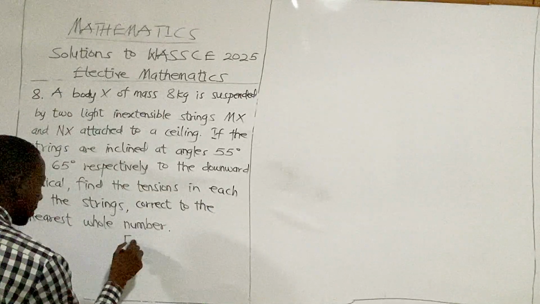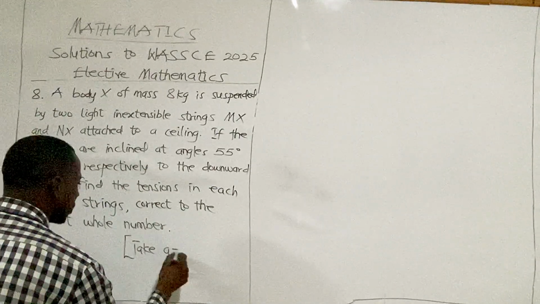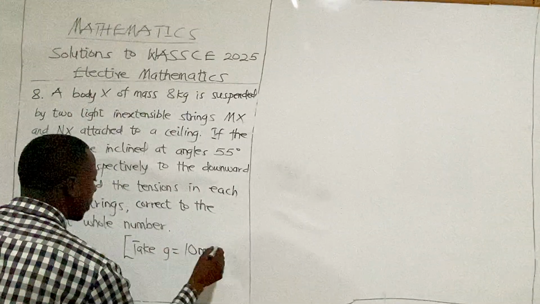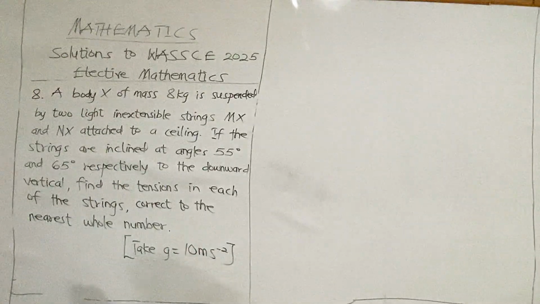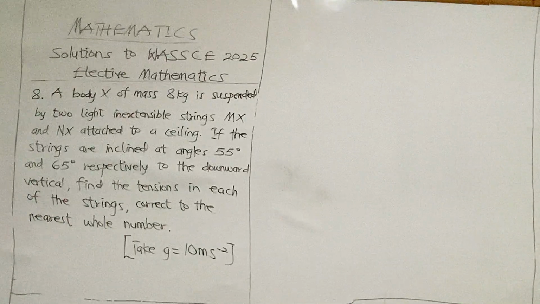Then the question said, take g, which is the gravity, to be 10 meters per second squared.